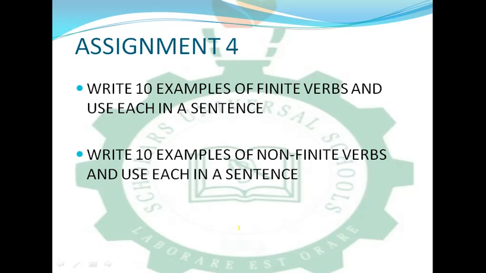So I want to believe by now you know what finite verbs are, and you can write and give examples in sentences, and also examples of non-finite verbs and use them in sentences.